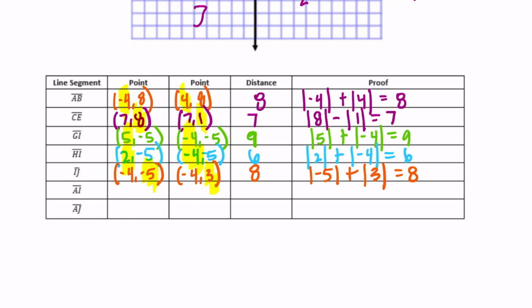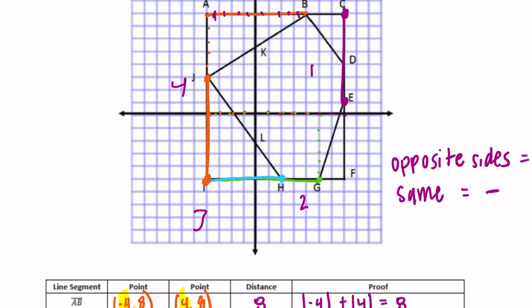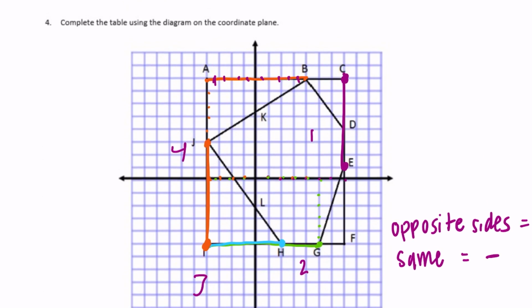AI. So again, we have an I. I is negative 4, negative 5. And A, let's look, AI.